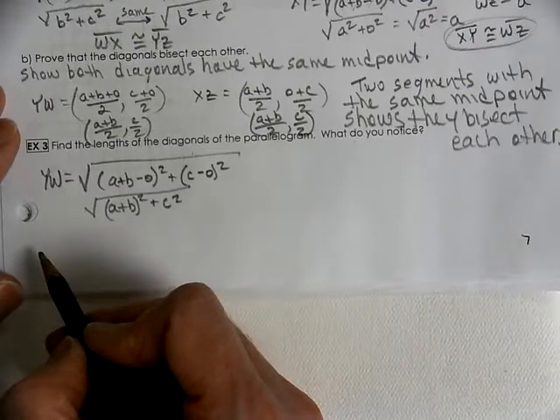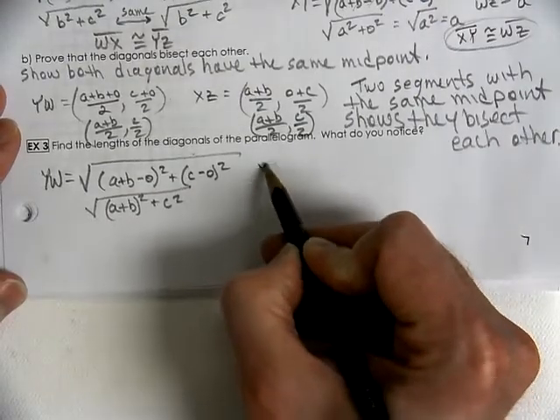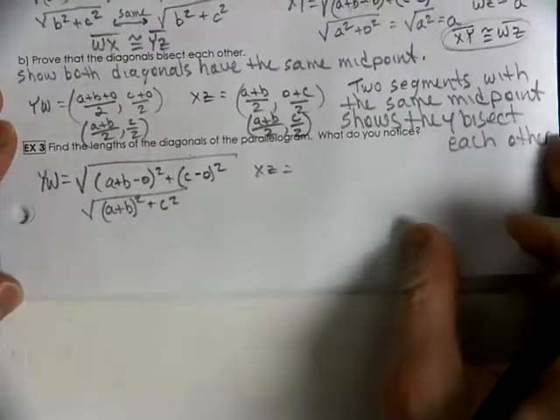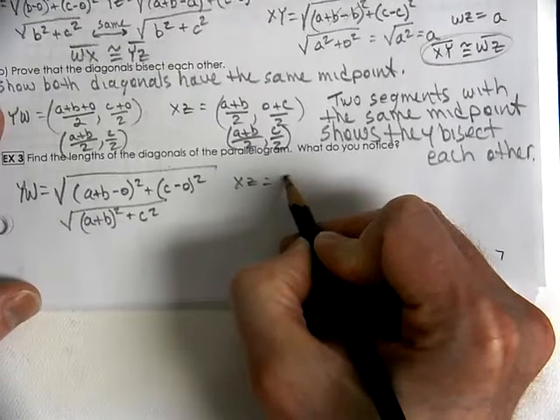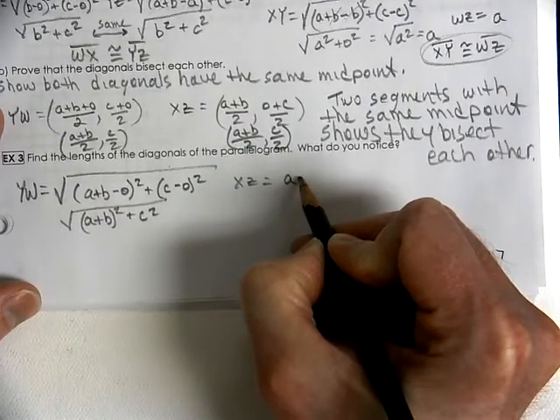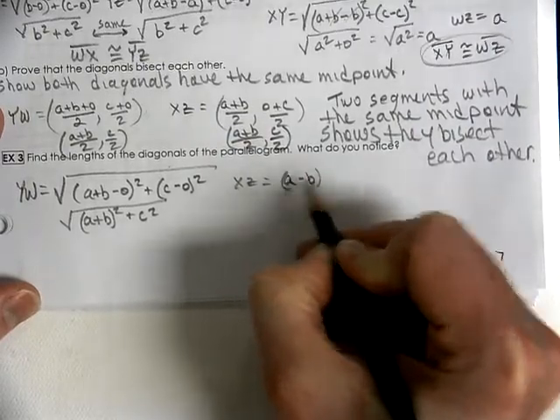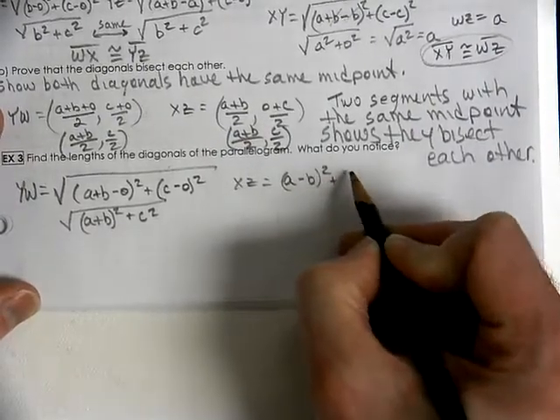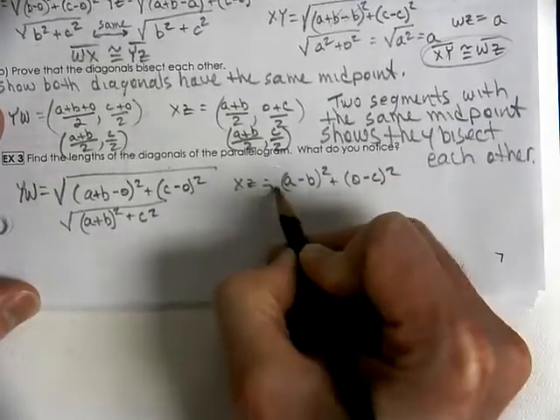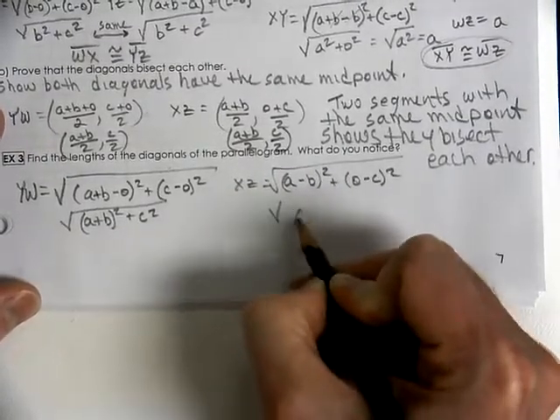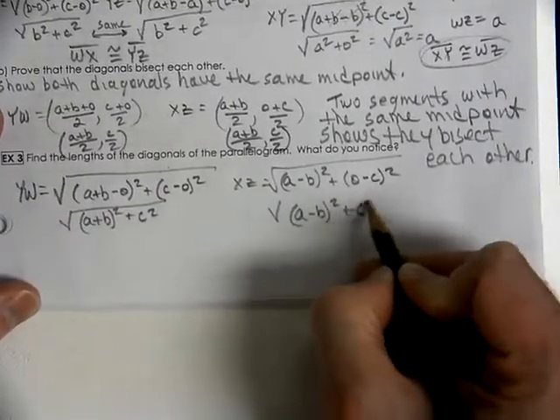And we're going to compare that with the other diagonal, which is XZ. The XZ length is a minus b quantity squared and 0 minus c quantity squared. So that's a minus b squared and c squared.